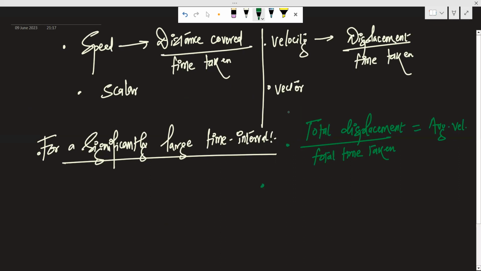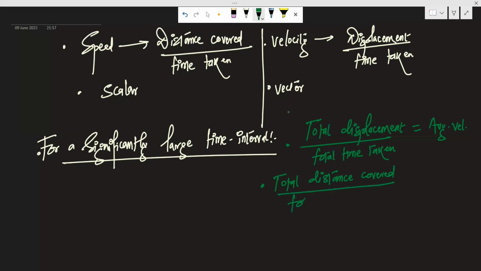Whereas if you find the ratio of total distance covered by total time taken, that will be equal to average speed.